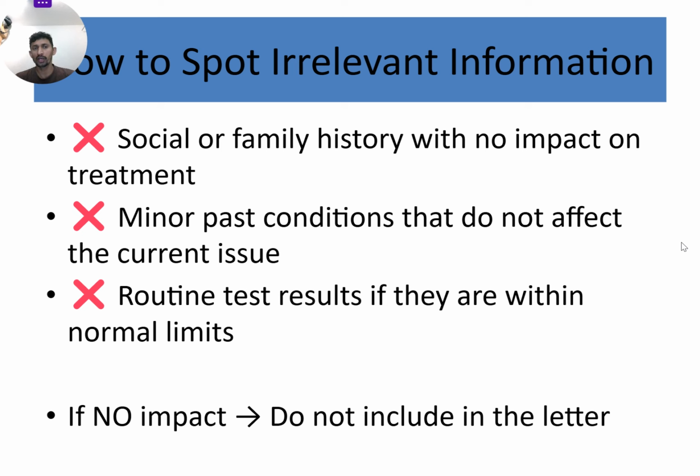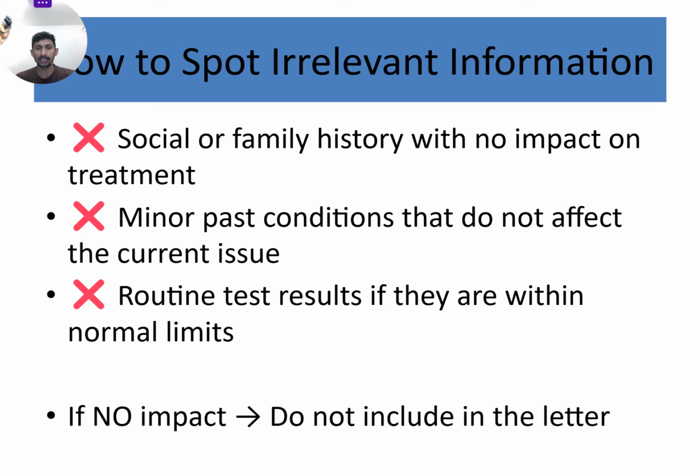Let's see how you can identify irrelevant information. This is not important, but still, in the writing criteria, avoiding irrelevant information gives you some points ahead of other students. So this is very important as well. Social or family history with no impact on treatment can be avoided. If there is no impact, then you can exclude that information from the letter.